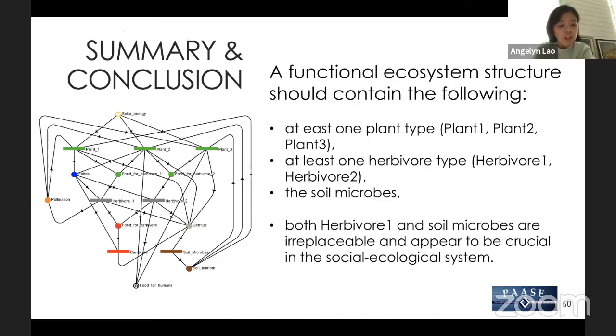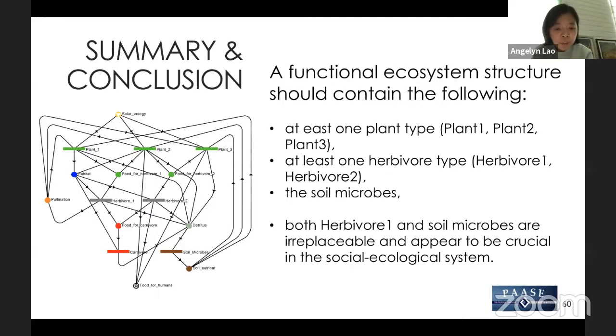So in general, a functional ecosystem from our defined case study needs to allow the following. Okay? It should have at least one plant type. It should contain at least one herbivore type. It should also contain the soil microbes.